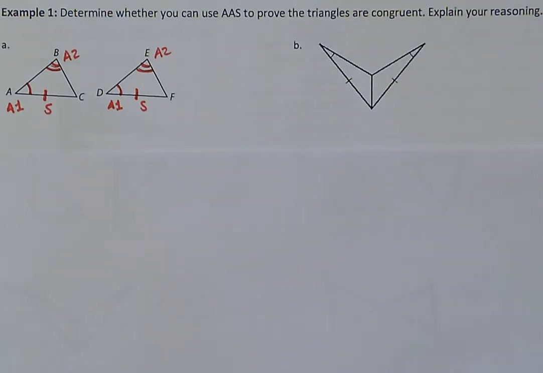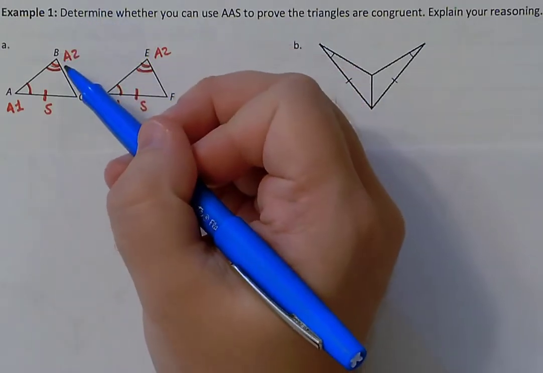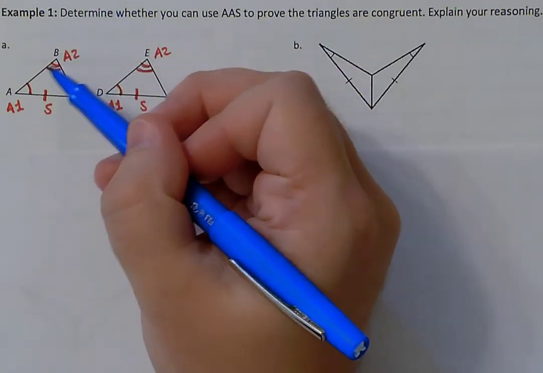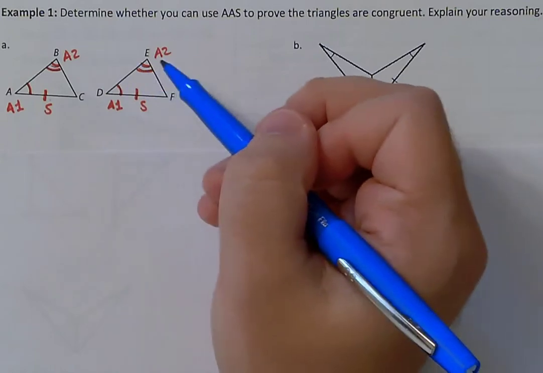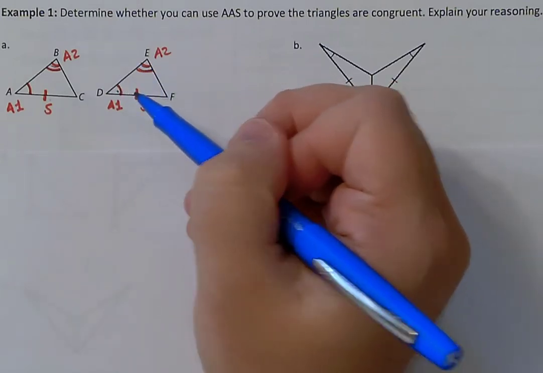So I now have a side. Now, if we go through and look at this, can I say that they are congruent based off angle, angle, side? I have two angles and I have a side. We just have to make sure that the order matches for both of them. So if I start with angle 2, it's angle 2, angle 1, side, angle 2, angle 1, side.